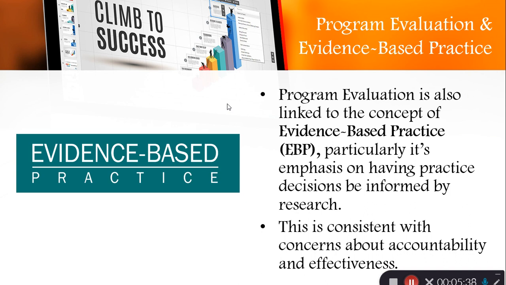But now, in this discussion of program evaluation, we're moving more toward the macro level of things and looking at the application of research in practice on a macro level. Program evaluation is really looking at the inner workings of a program that exists on a macro level.